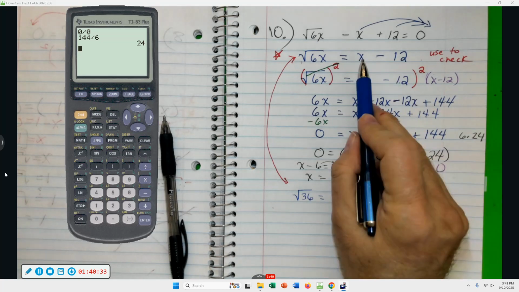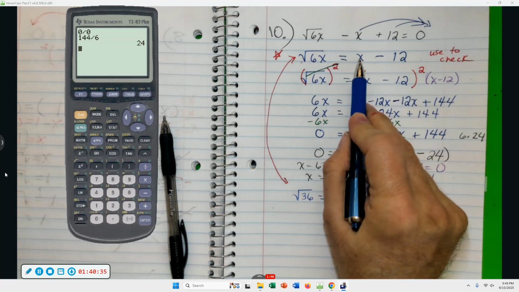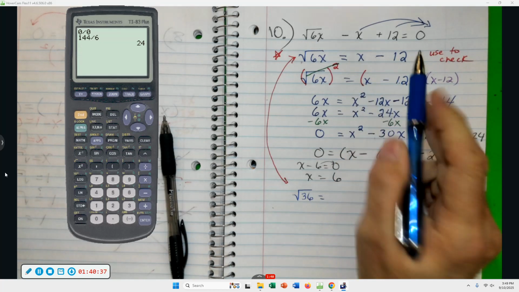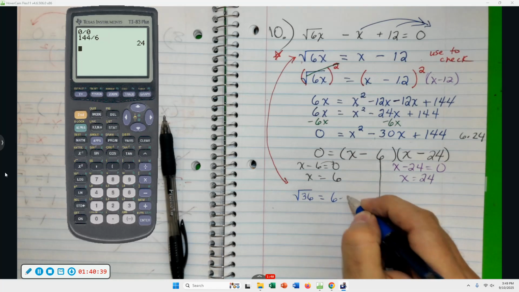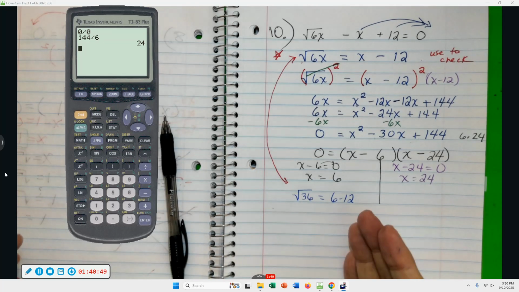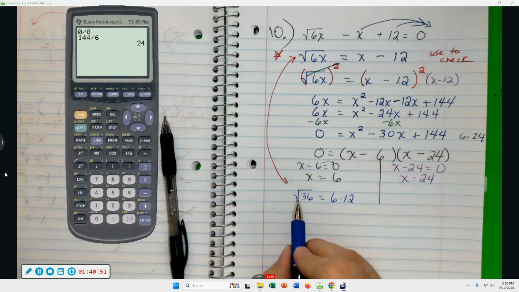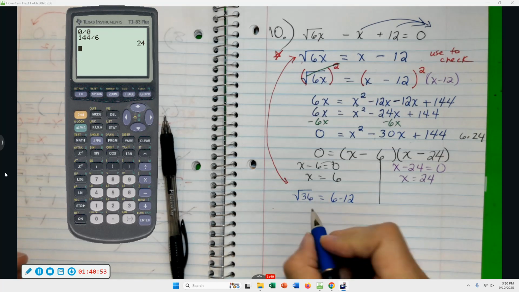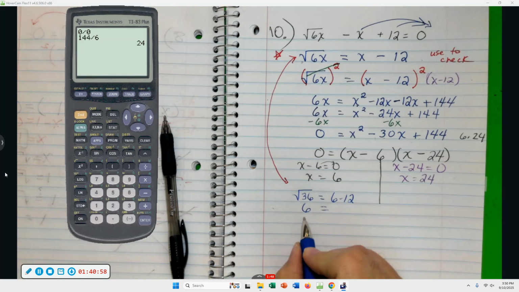Now here's where it gets interesting. Replacing this x with 6, we have 6 minus 12. Remember, the square root symbol means principal or positive square root. So the positive square root of 36 is 6.